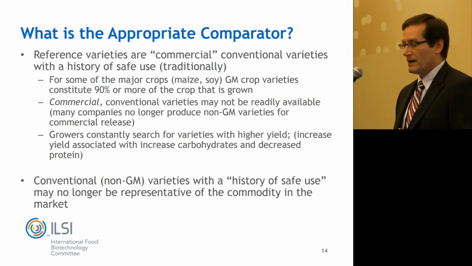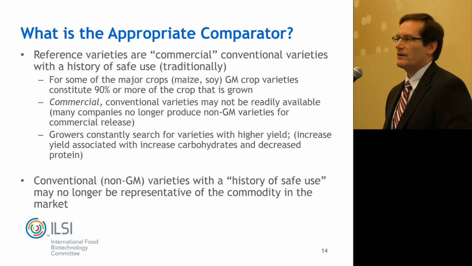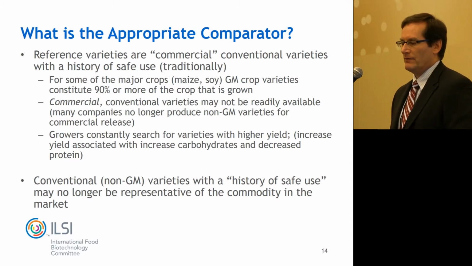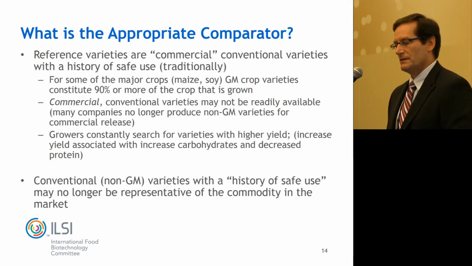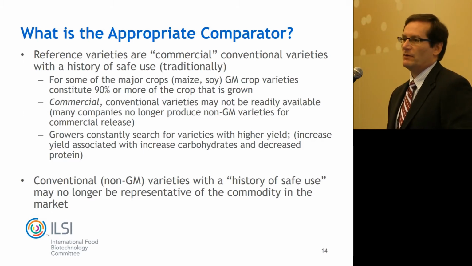However, for some major crops, the GM crop varieties constitute 90% or greater of the varieties grown in a particular region. And also, commercial conventional varieties may not be readily available. A lot of companies are no longer producing the non-GM to be marketed. They produce a non-GM variety, and then they integrate their top traits within that. So you've got the best germplasm and the best traits.